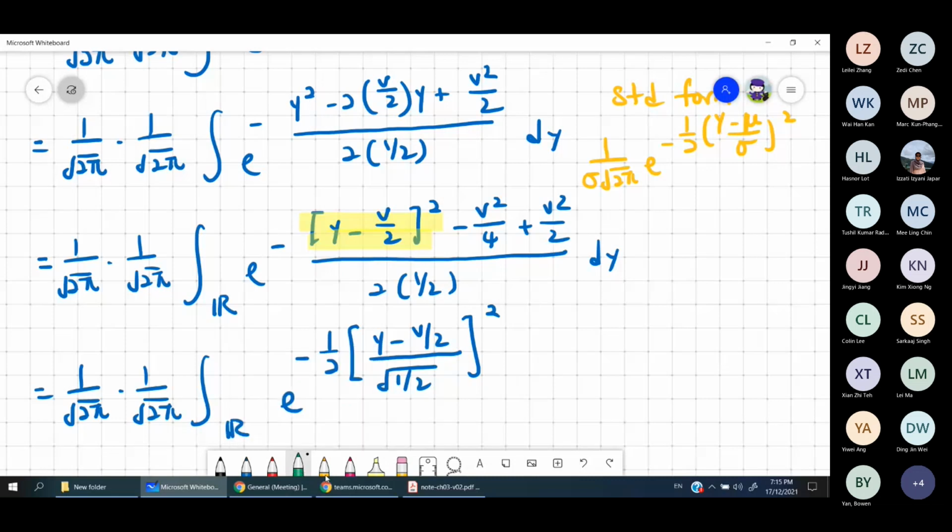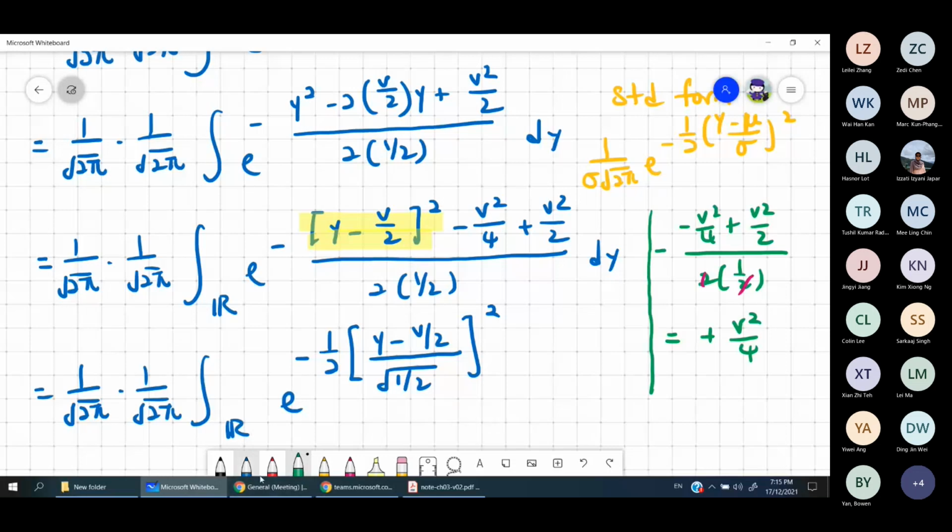So you have minus of minus v squared over 4 plus v squared over 2, and then divided by 2.5. So you can actually cancel off this 2. Okay, so then it ends up being minus v squared over 4. Actually, minus will become plus. And this is what you can have.